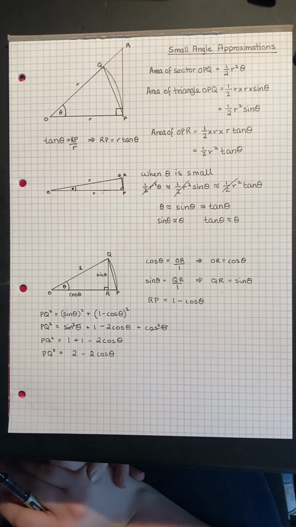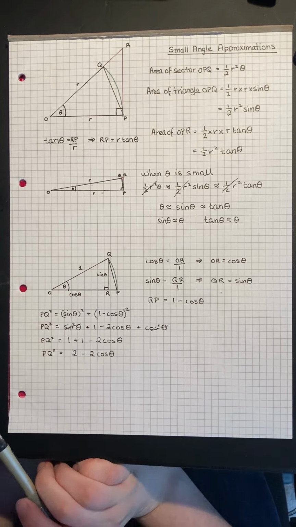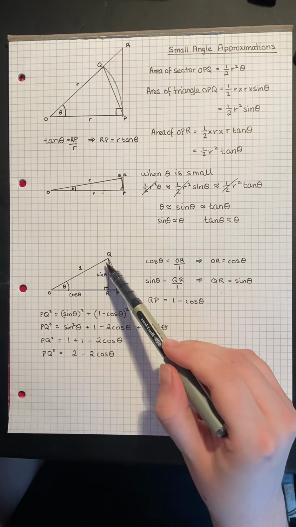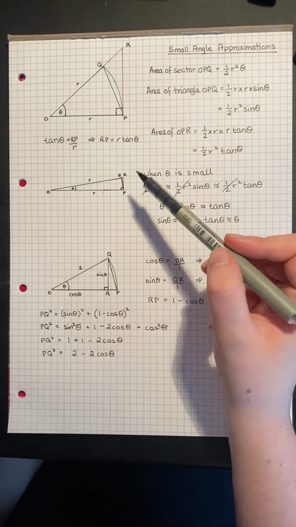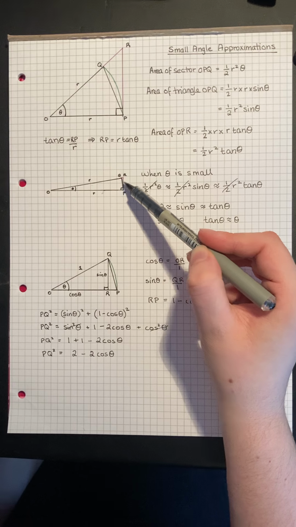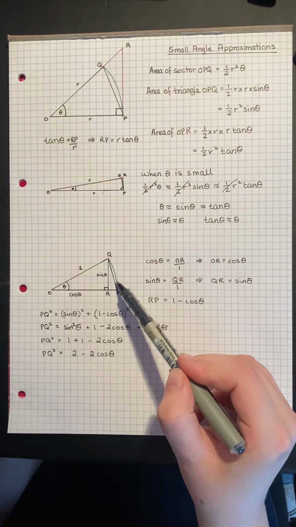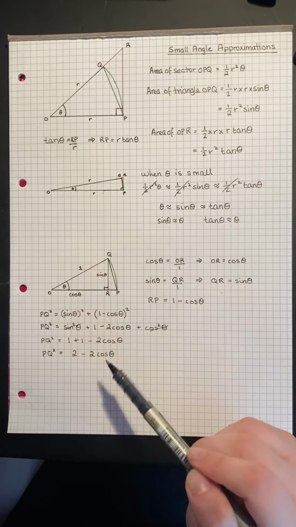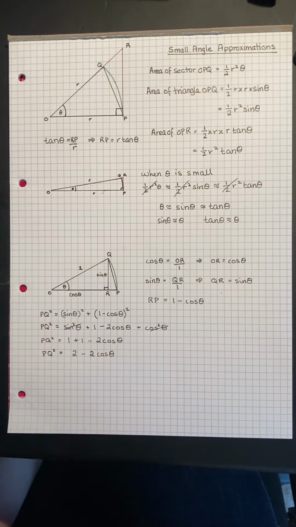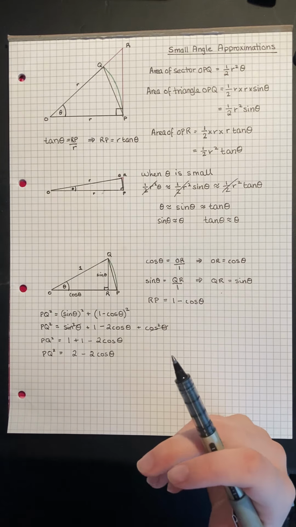Well, going back to this diagram up here, we can see that as theta gets very, very small, that length PQ becomes really, really close to the length of the arc. So this PQ will be very close to the length of the arc. And now remembering that the angle theta is measured in radians, what do we know about the arc length?